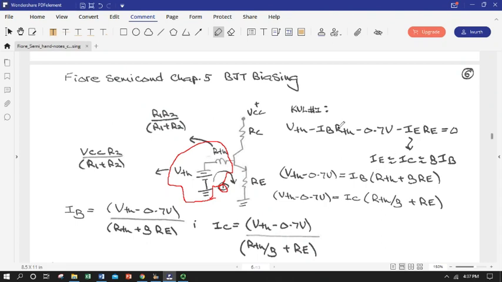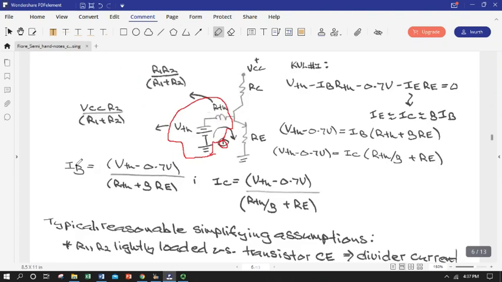Now I can plug those back in and I should have only one unknown, which is I sub C or I sub B. I can solve for either one, and I can get an expression for I sub C in terms of my Thevenin equivalent voltage and resistance.